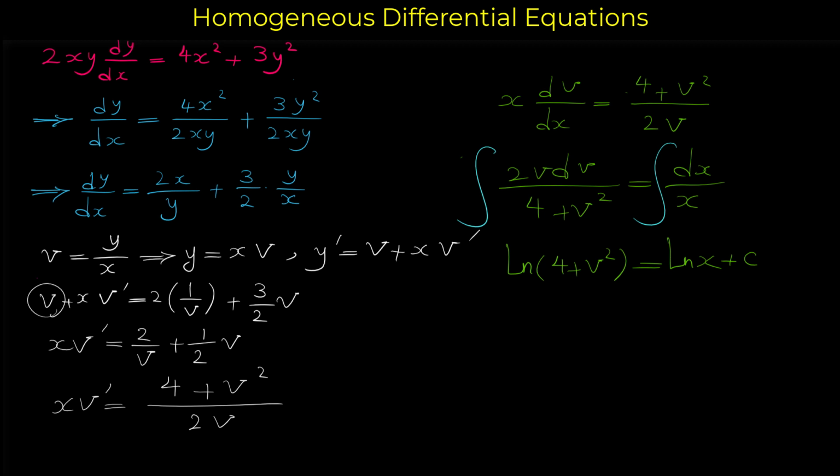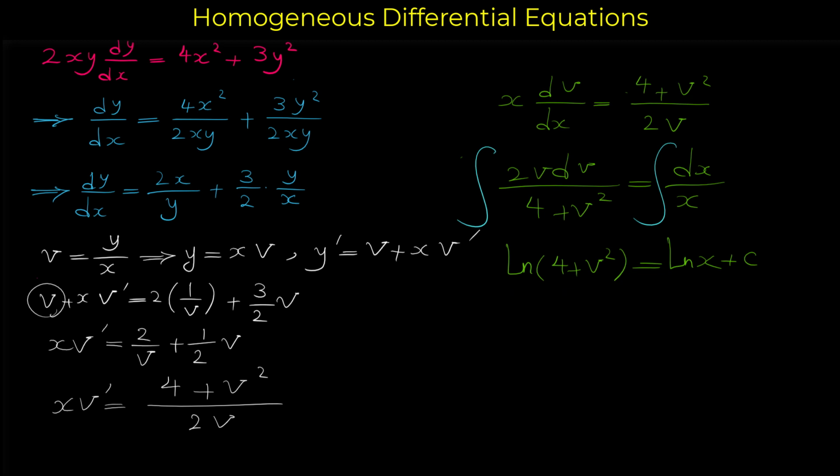Now here, immediately you can replace this v with y over x. Note that v is a substitution that we use for solving the differential equation. At the last step, always we have to replace v with the original variable. But before doing that, it's better to simplify this answer and write it in a better form.